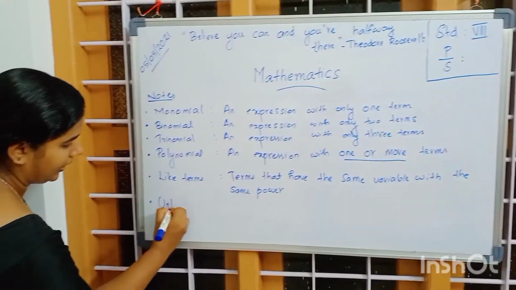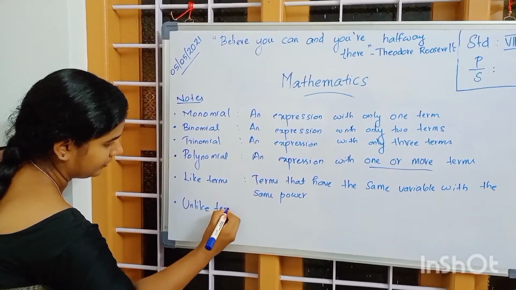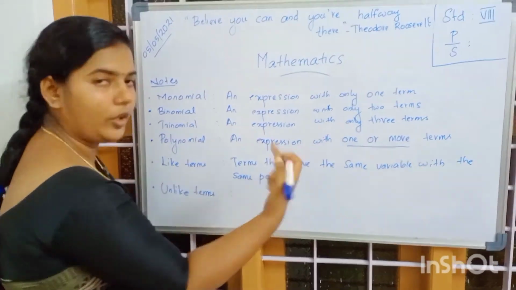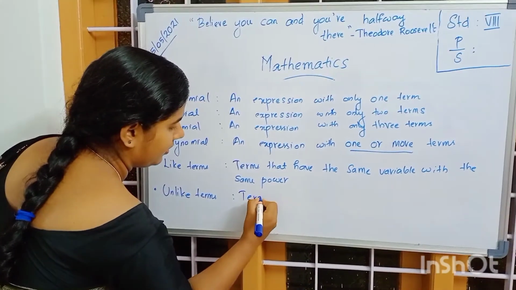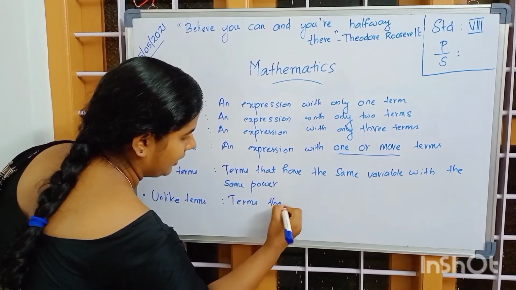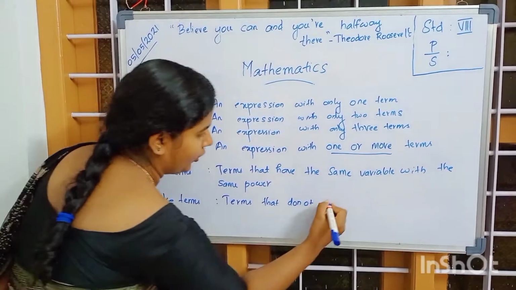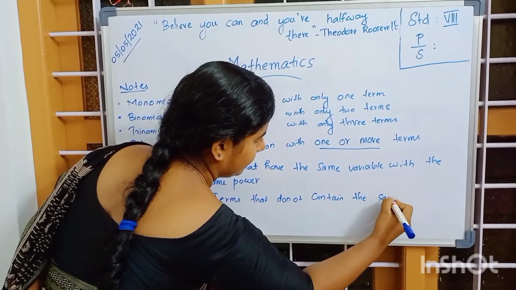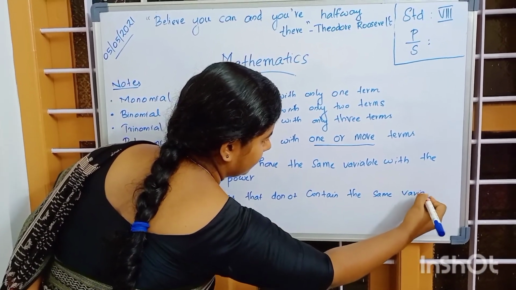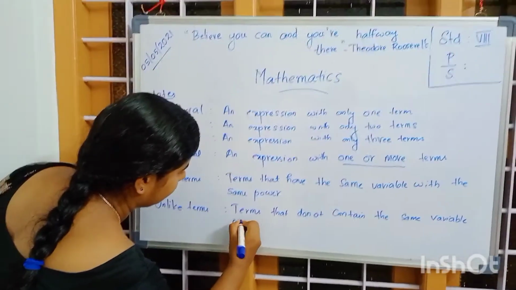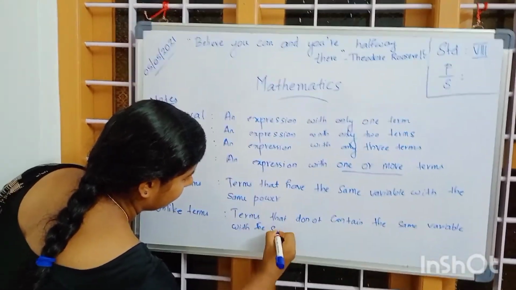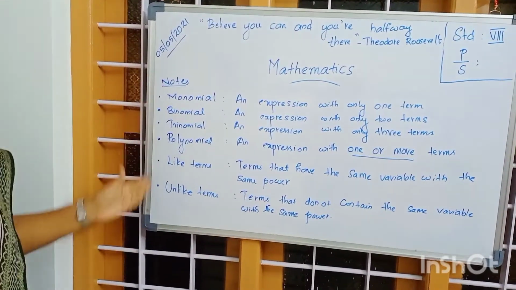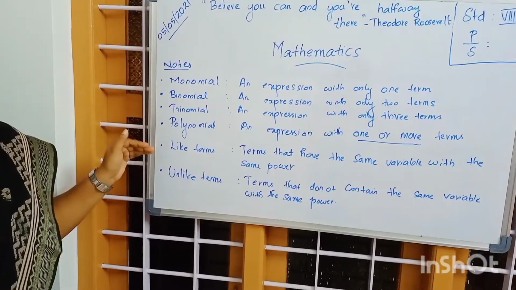And unlike terms are, yes, terms that do not have the same, or that do not contain the same variable with the same power. So these are the six concepts that we have learned in this class.